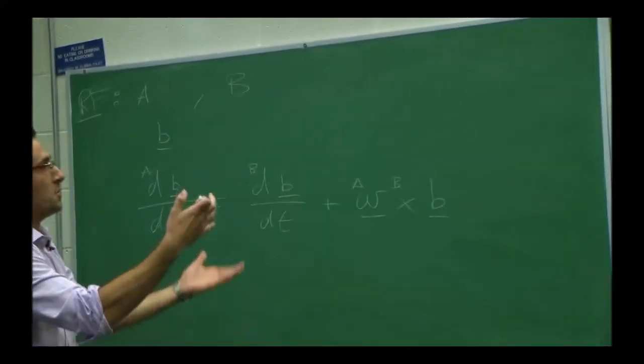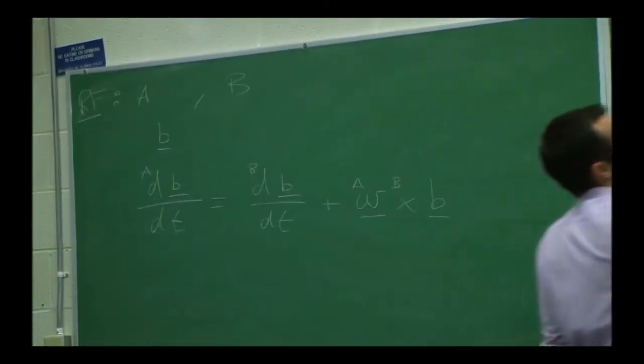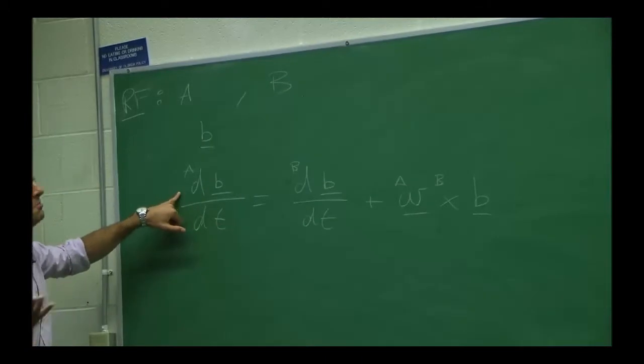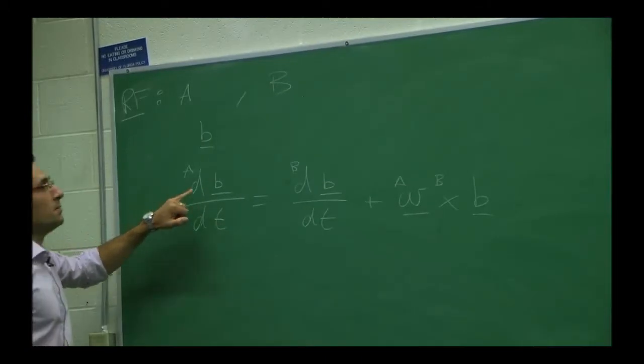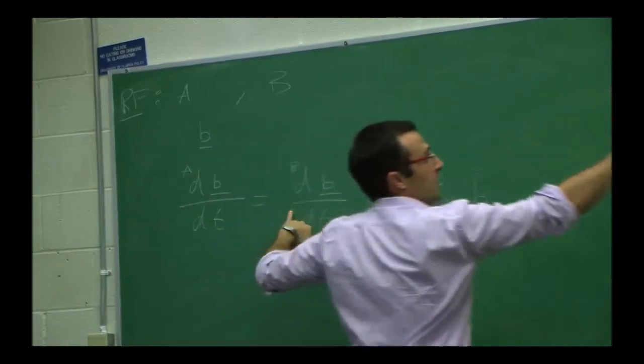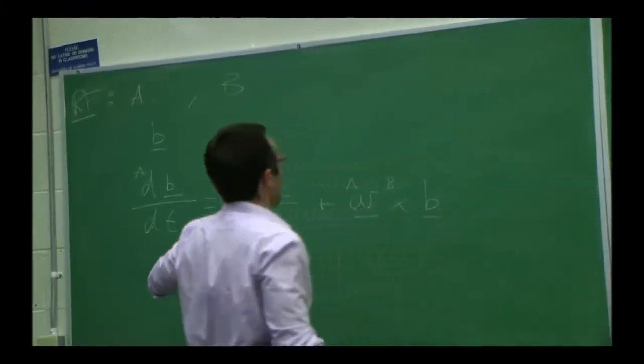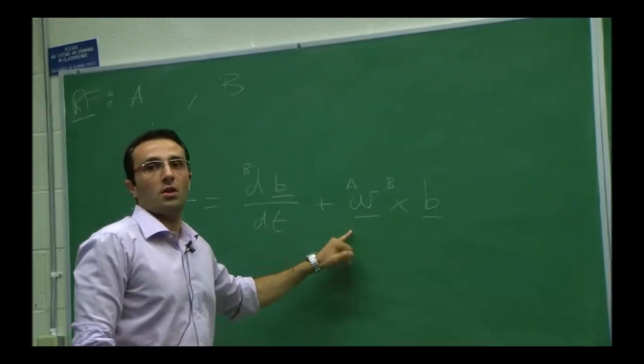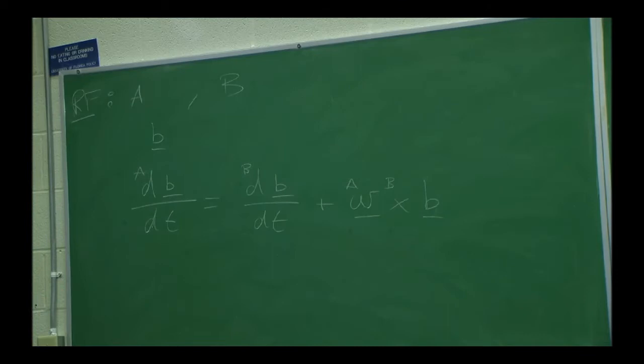I started with RD minus RC, that's why it looks a little different, but that's really what it is. This is the rate of change of the difference of the positions of the two satellites taken in some A reference frame. This is the same thing done in some B reference frame, and this is the cross product that is there because of the transport theorem. Yes? So is the whole side of that equation the R times the velocity?